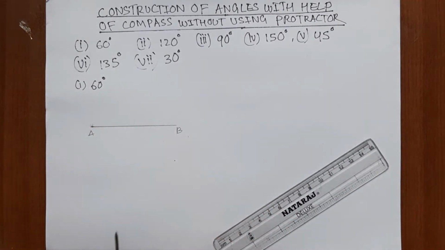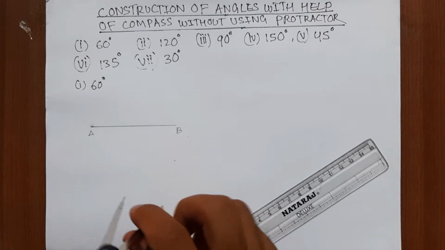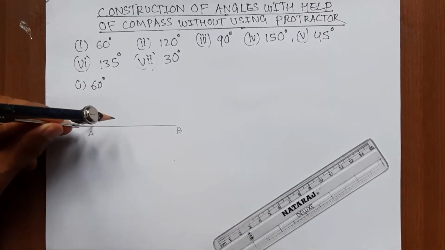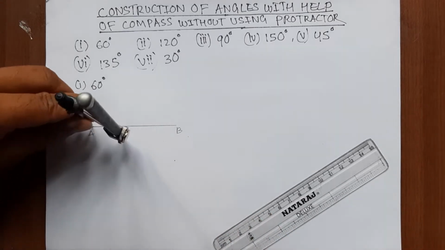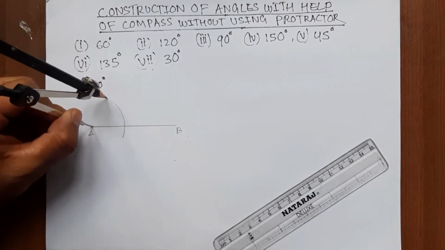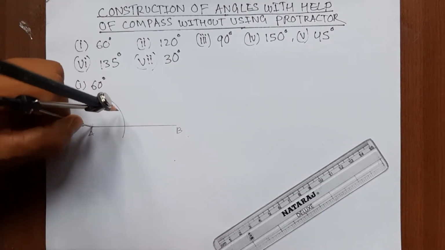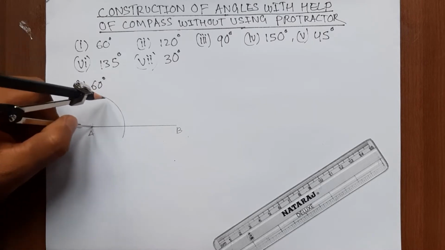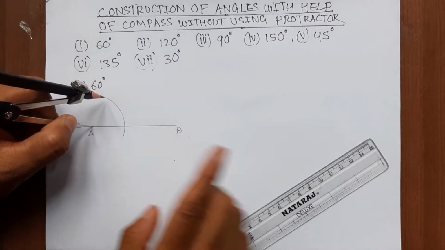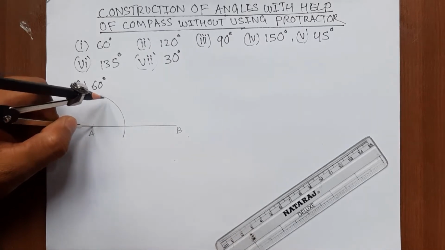Now put the pointer of this compass on the point A and make an arc like this, intersecting the line segment or ray AB.